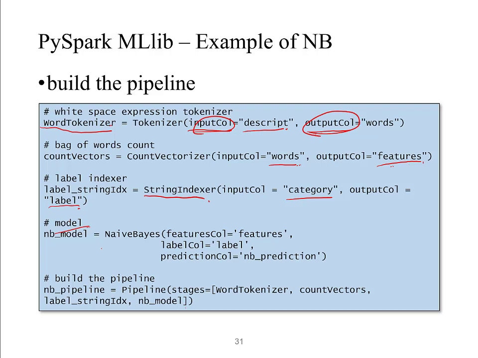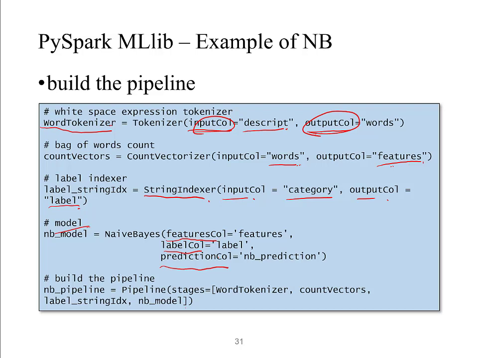The parameters for an estimator are different from the parameters of a transformer. For a transformer, we need an input column and an output column, but for an estimator, we need to specify the features column, label column, and prediction column.